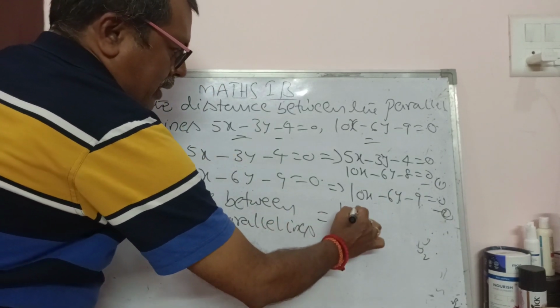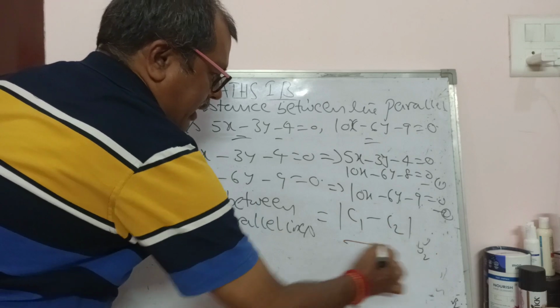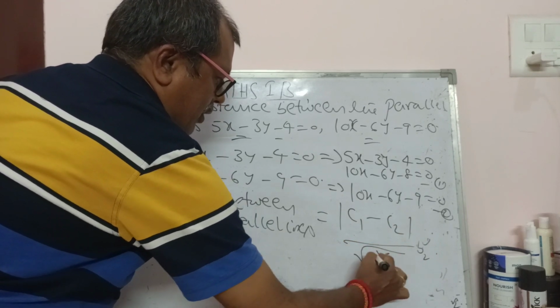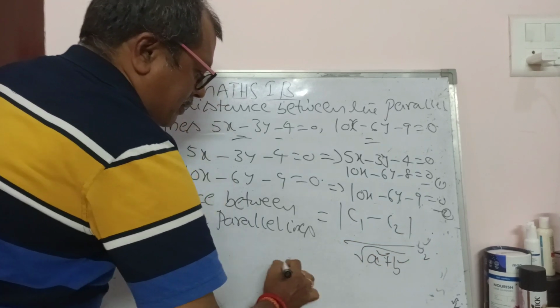So the distance between these two parallel lines is modulus of c1 minus c2 by root of a square plus b square.